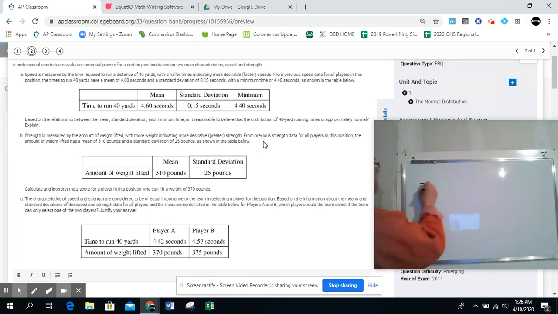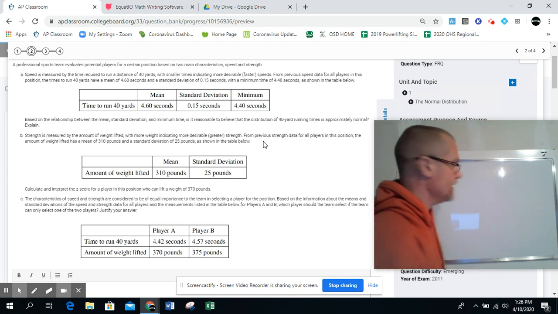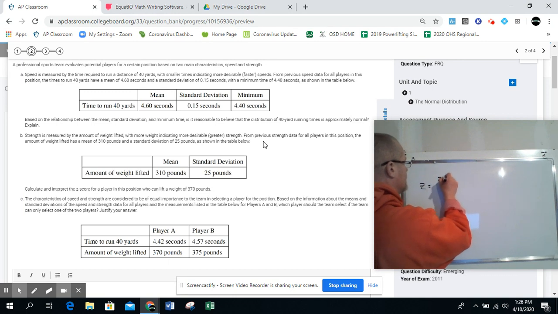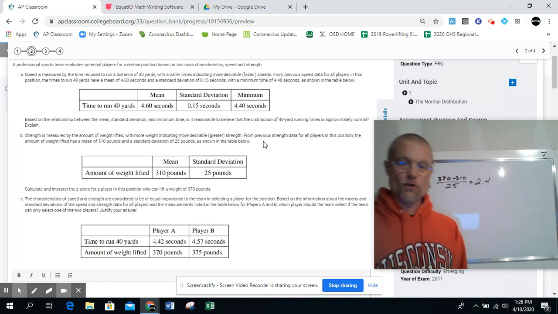So the z-score for this person, he was 370 minus 310 divided by 25, which is 2.4. And then he had to interpret.